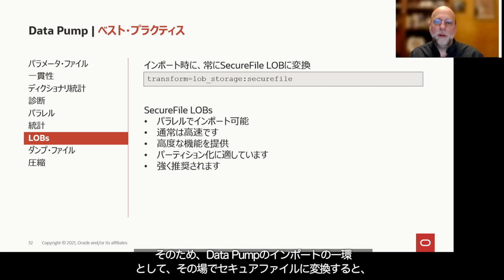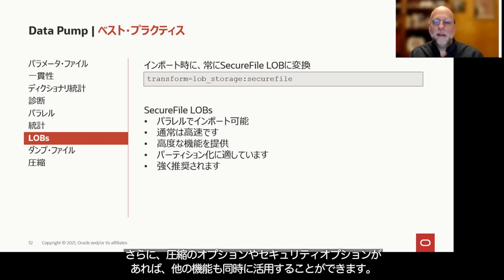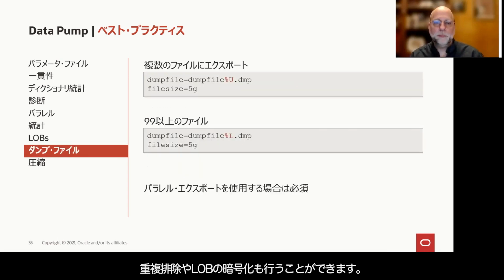So if you convert to SecureFile on the fly as part of your Data Pump import, you'll find that your activity on your LOB tables has a lot less contention, and it's just so much faster. Plus, there's other functionality that you can add if you have the compression and security options. You can add deduplication, you can add encryption of those LOBs.